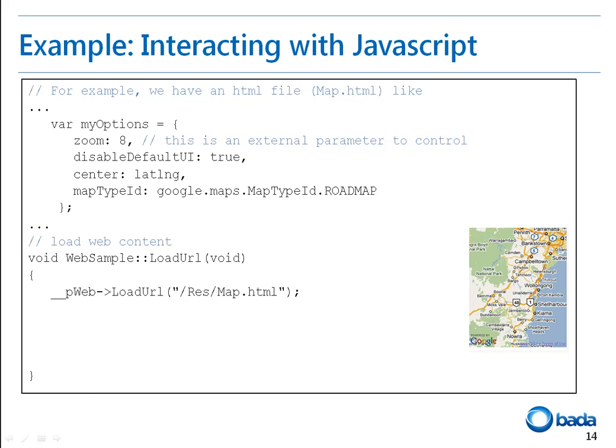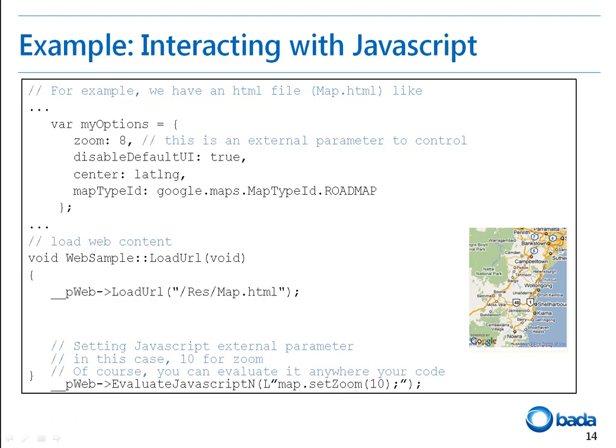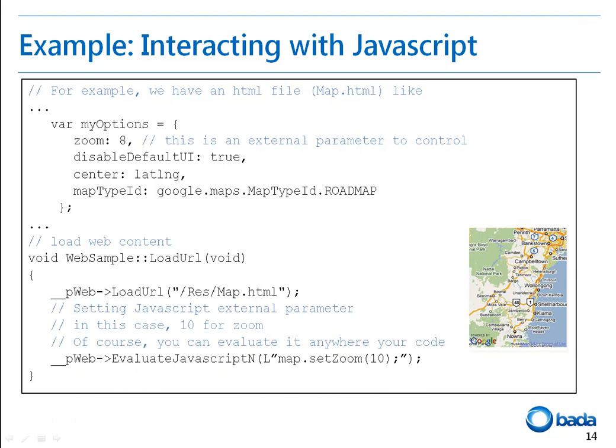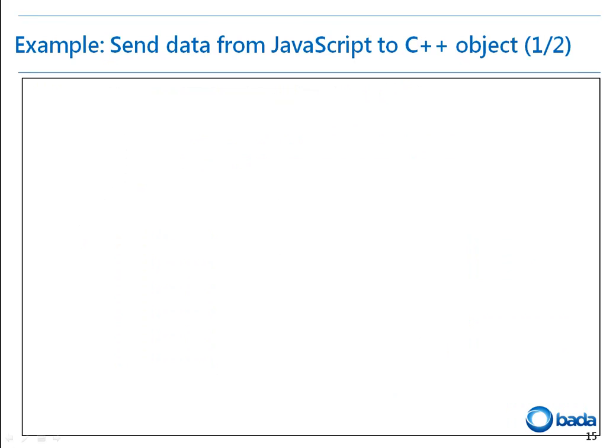Then, inside the LoadURL method, we load this web page. Next, we're using the EvaluateJavascriptN method to alter the zoom parameter value from 8 to 10. As you can see, the parameter of the EvaluateJavascriptN method is the JavaScript code as a string.